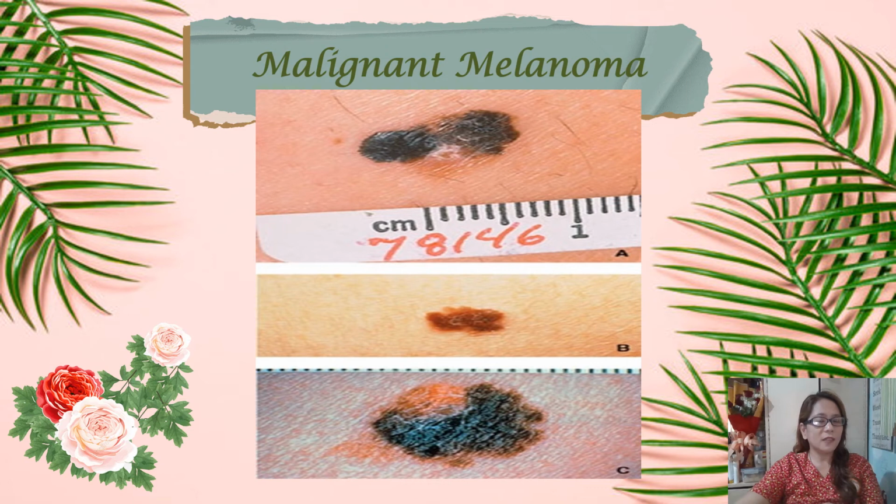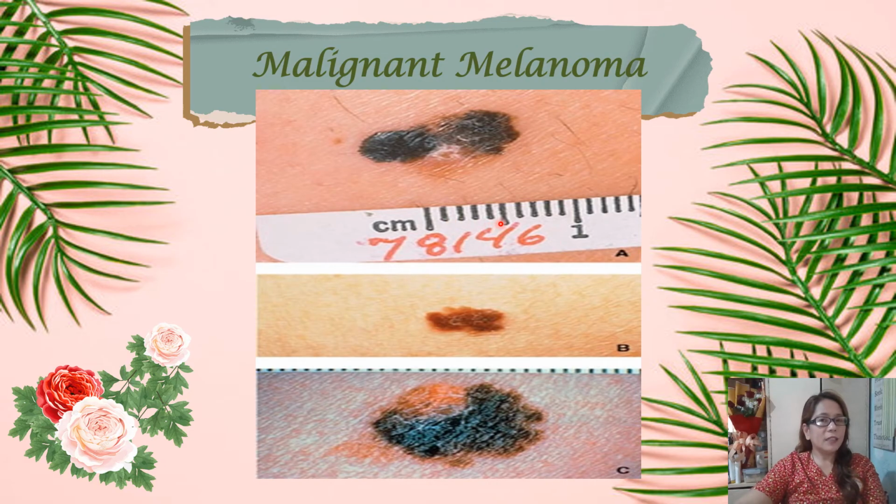Usually it is not symmetrical, okay? And then B, there is an irregular border. Irregular yung kanyang border. And then C, the color, especially a mixture of black, red, or blue. And then D, the diameter, it is more than 6 millimeters in size.